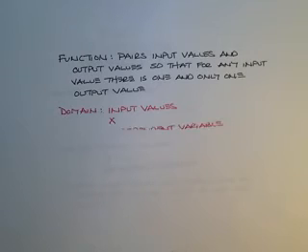A function pairs input values and output values so that for any input value there is one and only one output value. The domain is the input values. Those are generally your x values, and those are independent variables.